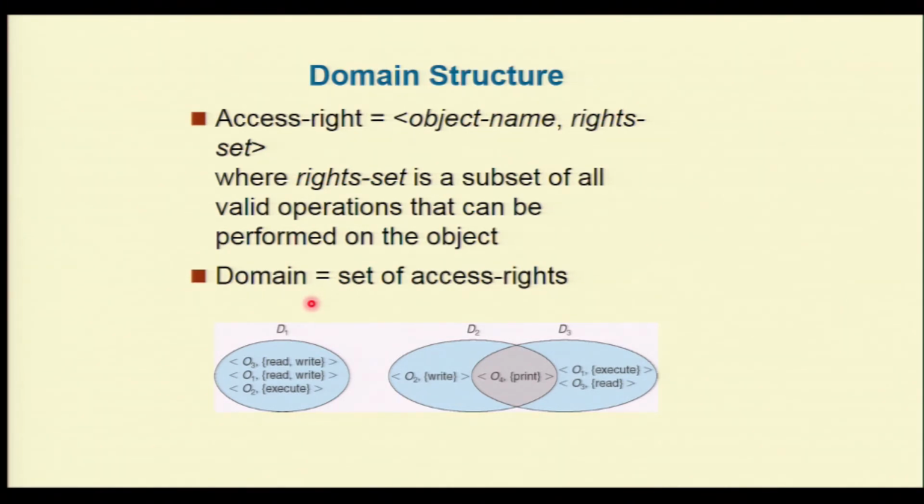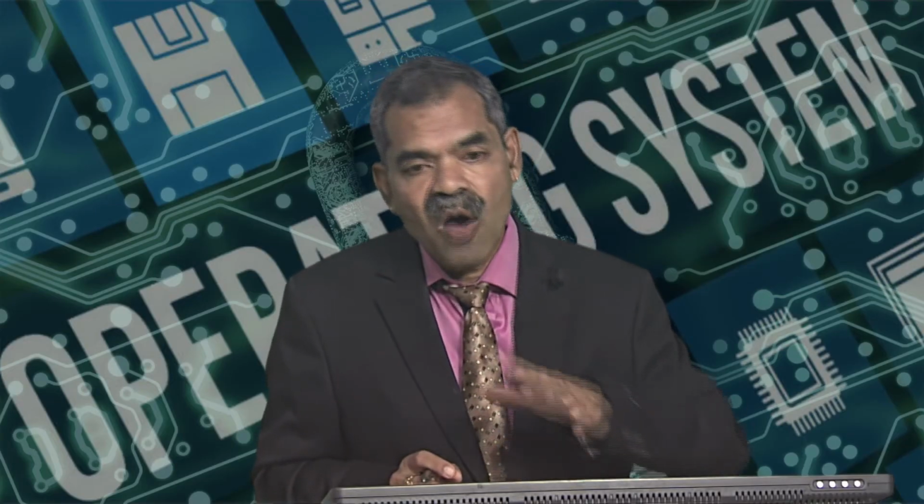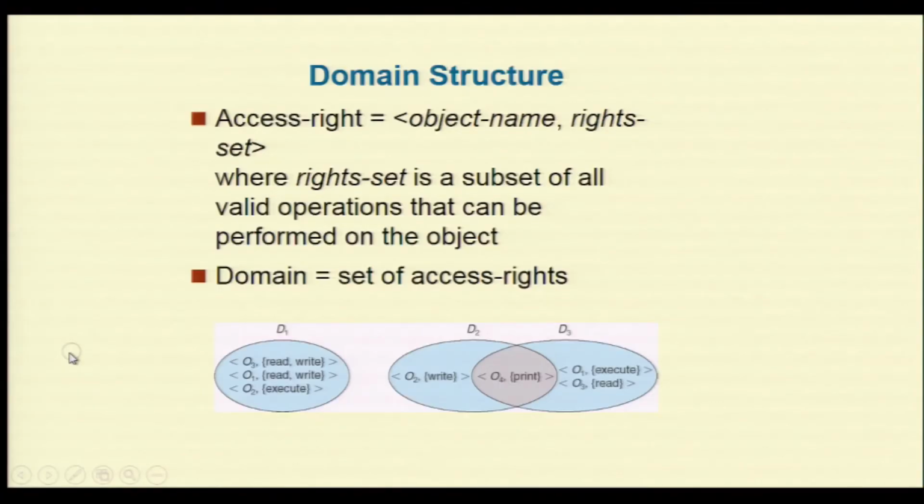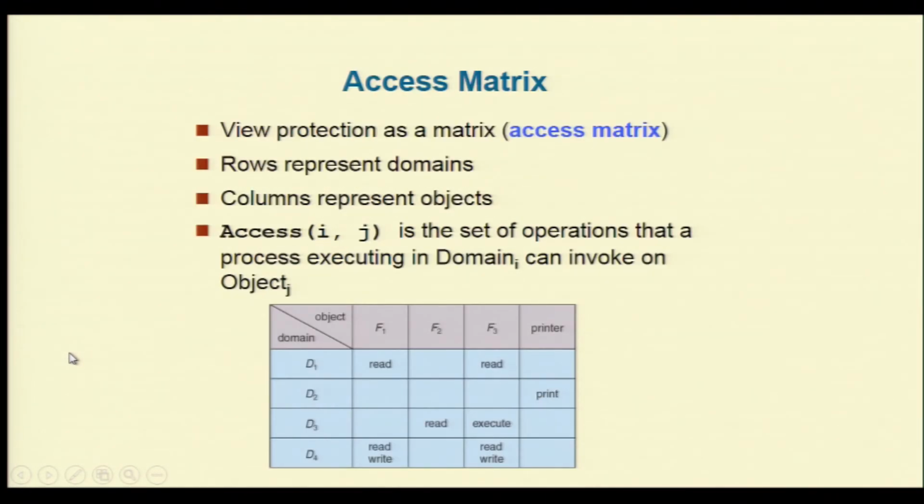In D3, object O3 has read capability. There is one more object O4 in the intersection of the domains D2 and D3. It is possible in theory. We can take a pen and paper, classify all our resources, which are called objects, and determine how to make them form into domains, and this is how the entire operating system views the permissions that we have created, that is the access matrix.